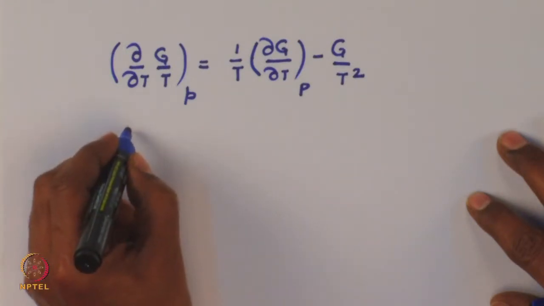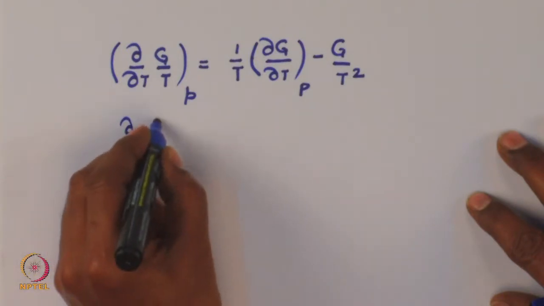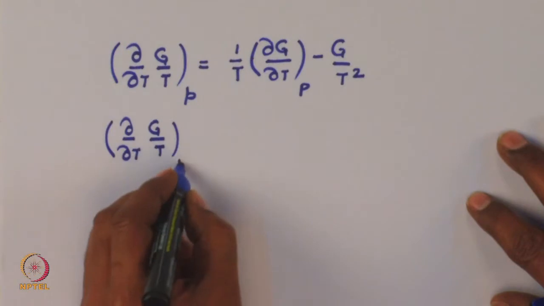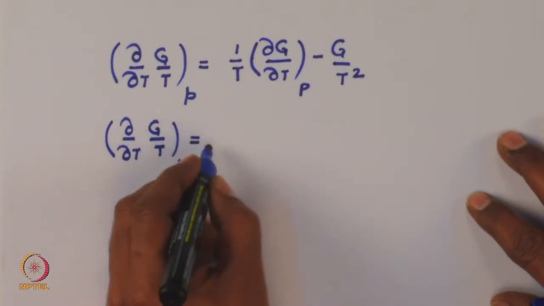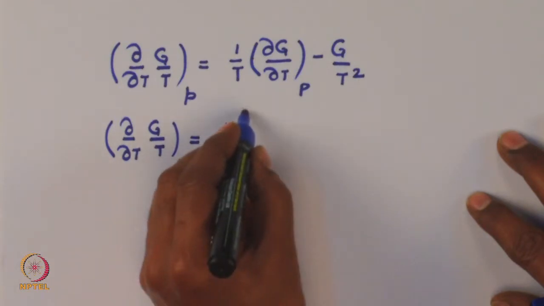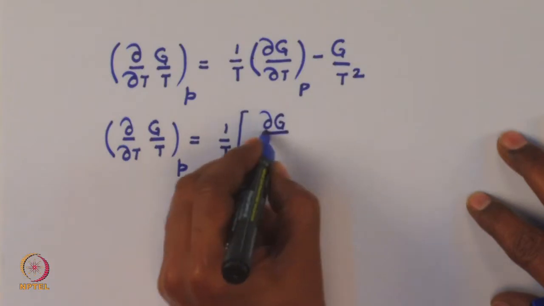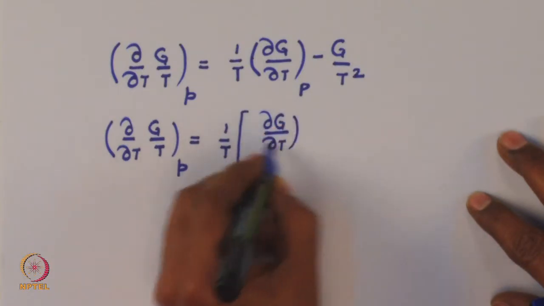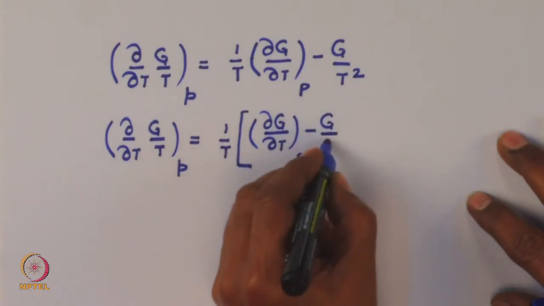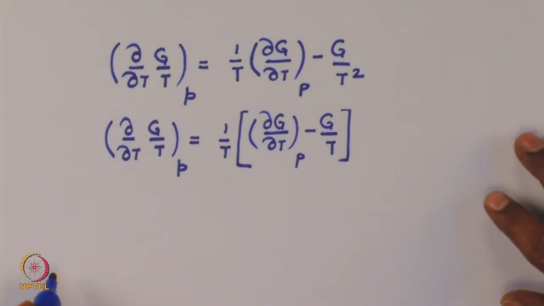Or if I write again in a simpler form, the derivative of G by T at constant pressure is equal to 1 by T, and here I have this expression.